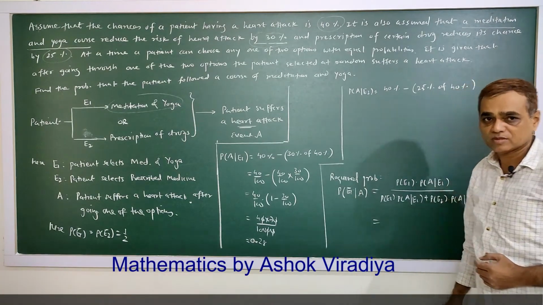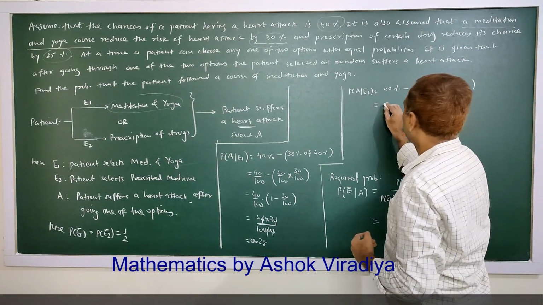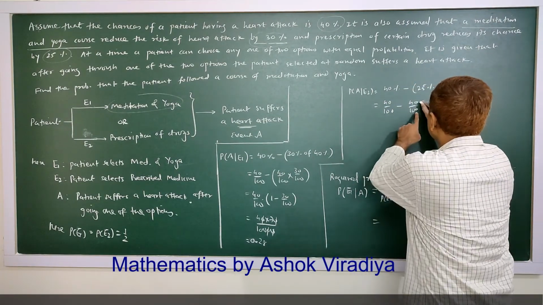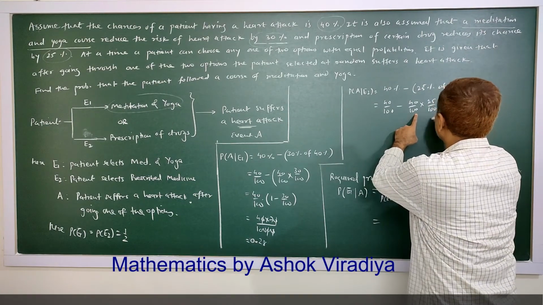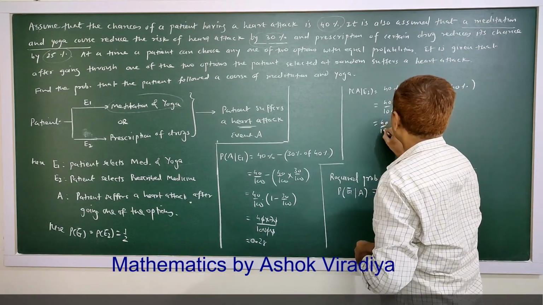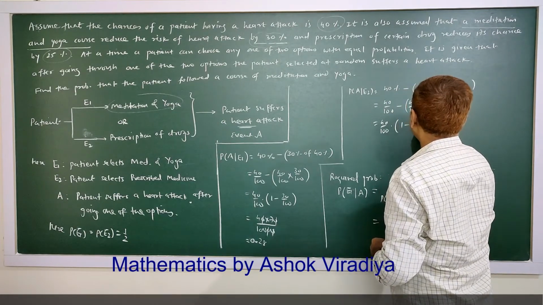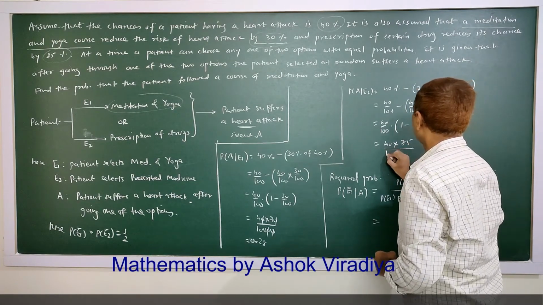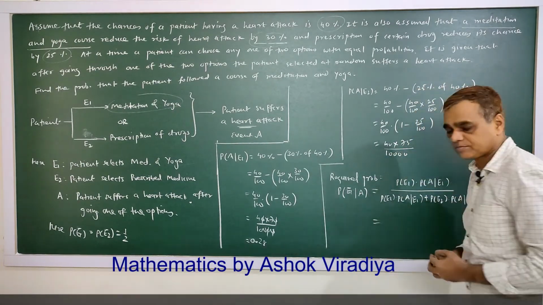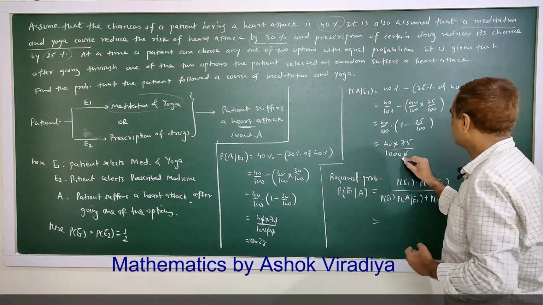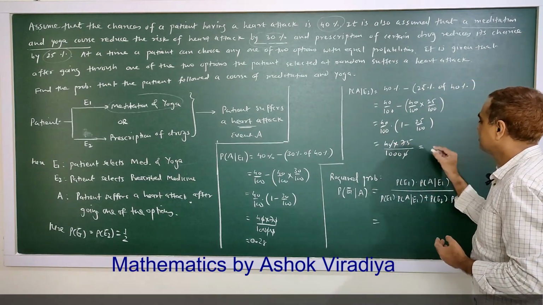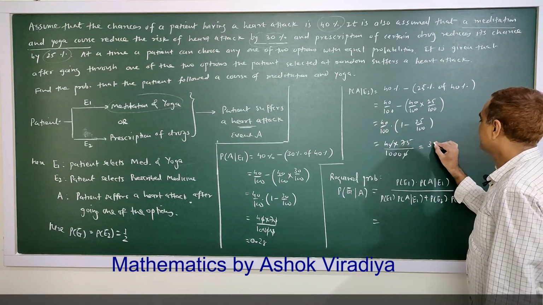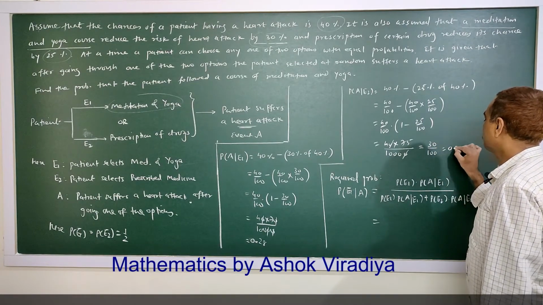This is equal to 40 by 100 minus 40 by 100 into 25 by 100. So this is 40 by 100 common, 1 minus 25 by 100. So this is 40 into 75 by 1, 2, 3, 4 zeros. So the zero is cancelled. 75 into 4 is 300, that is 30 by 100, so 0.30.